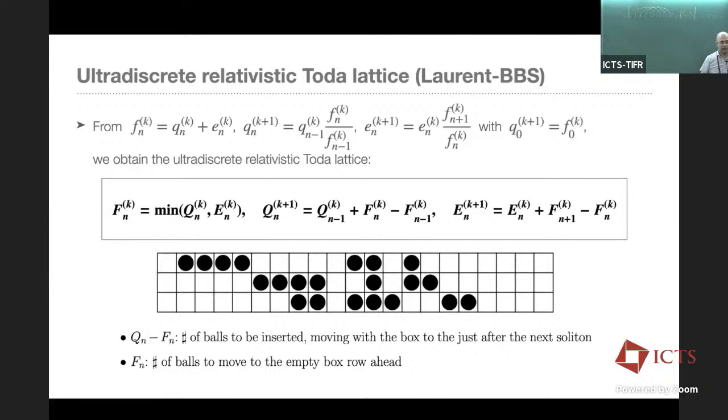But this box and ball system only works within the subsequence. So in this case, some ones remain as impossible to move to the inside within this subsequence. And then this one should be moved to here with box. With box. And then the last one should be moved to here.